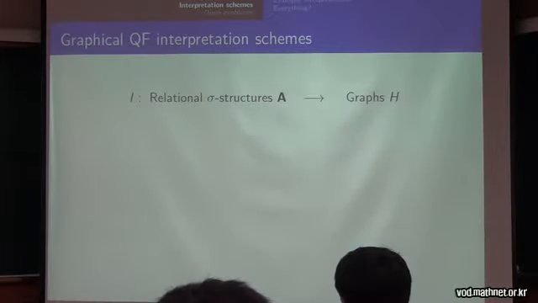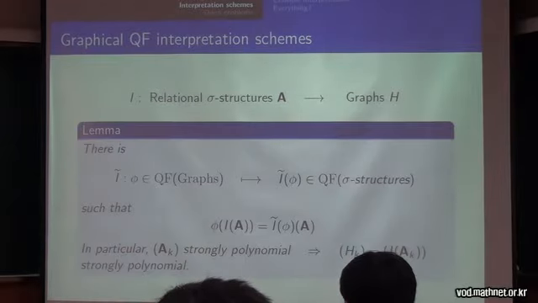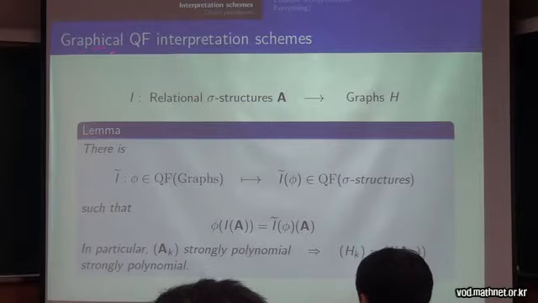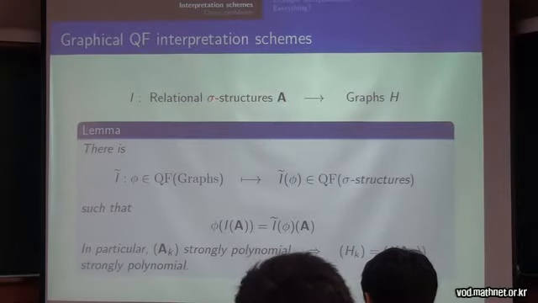And here's schematically what is Patrice's insight that is making things happen. What we're looking at are what are called interpretation schemes. And we're looking at graphical interpretation schemes, which means that we go from some arbitrary relational structure. This sigma is the set of relations, so it's the signature of the relational structure.